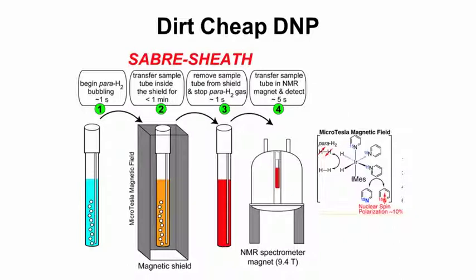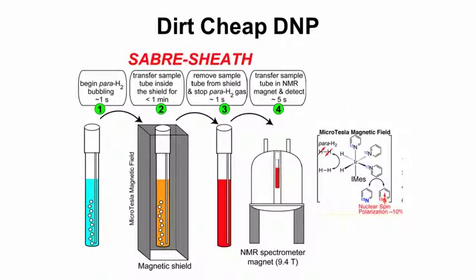So the approach here is actually not to cool things down with a big cryogenic system down to 1.7 Kelvin, and it's not to put it in another magnet. In fact, it's to put it into a non-magnet or an anti-magnet, if you want.